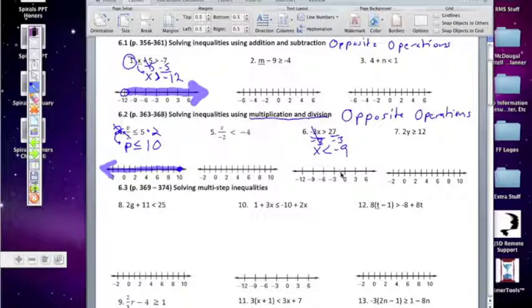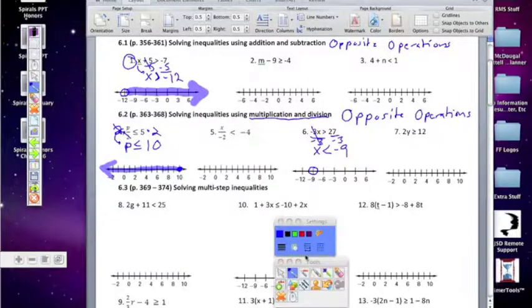Every time you move a negative term by multiplication or division, your sign must change directions. What type of circle goes on negative 9? Open. And we should be shading which direction? To the left, because x is less than negative 9. And we are representing all solutions of x.